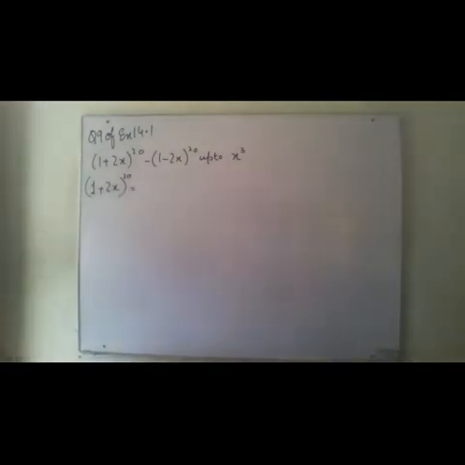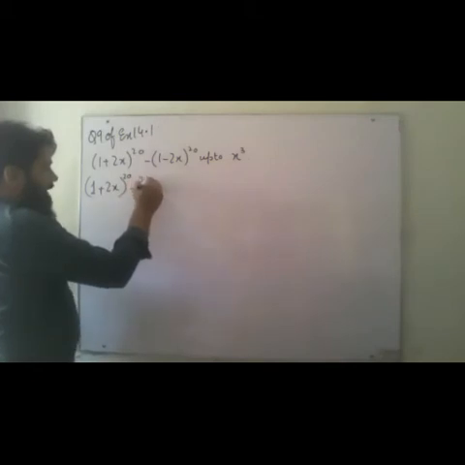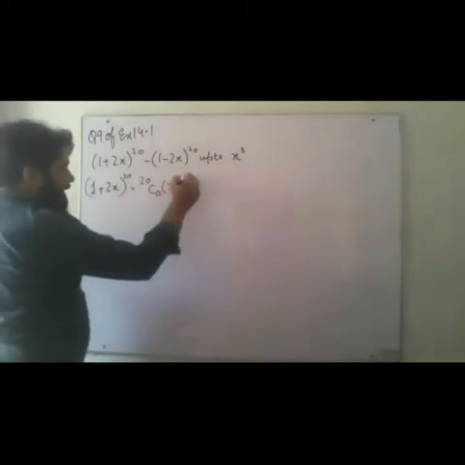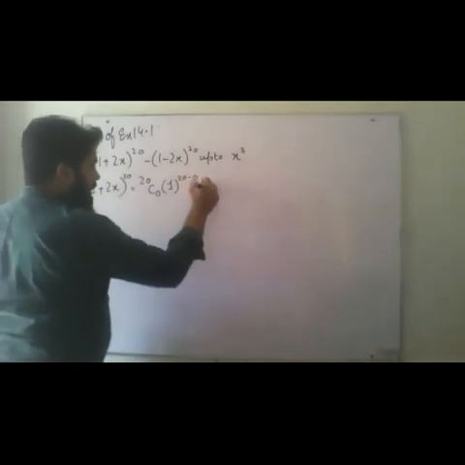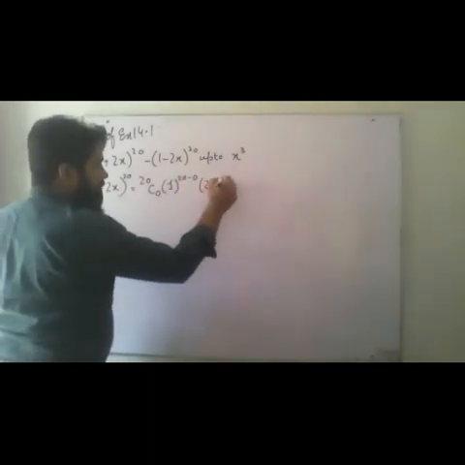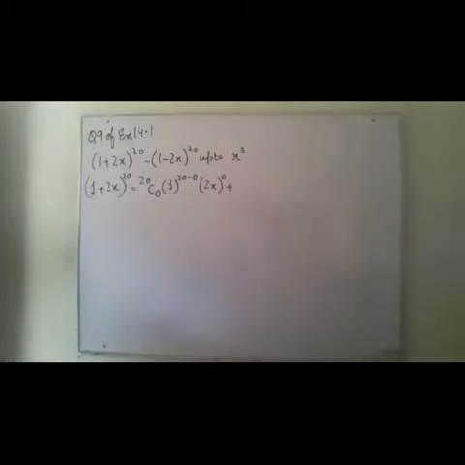What will be the first term? The first term will be 20C0 into 1 to the power 20 minus 0 into 2x whole power 0, plus sign.